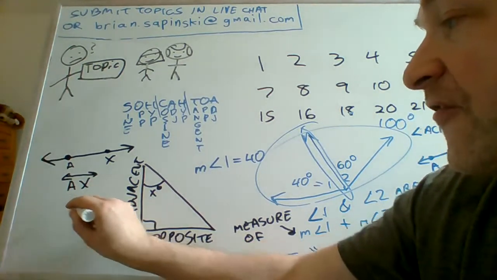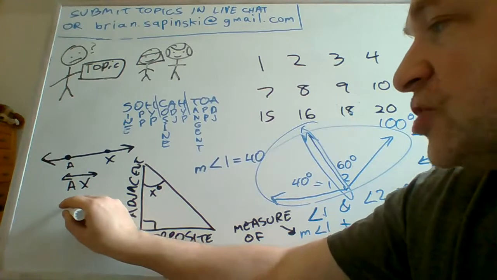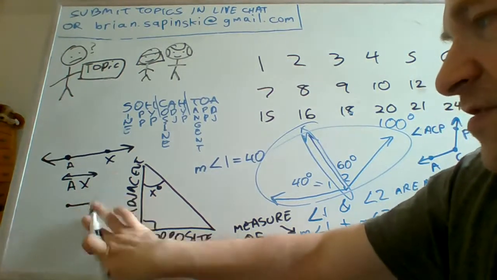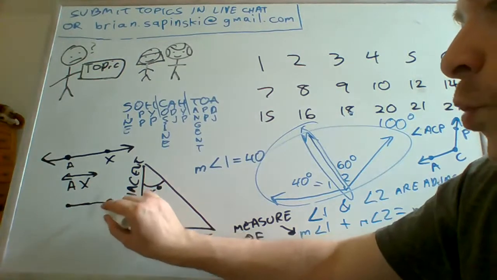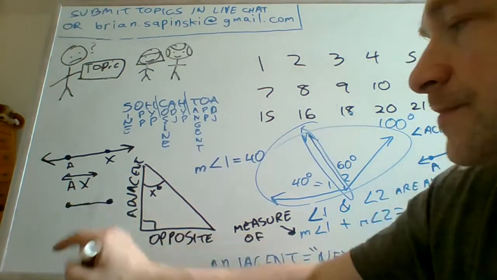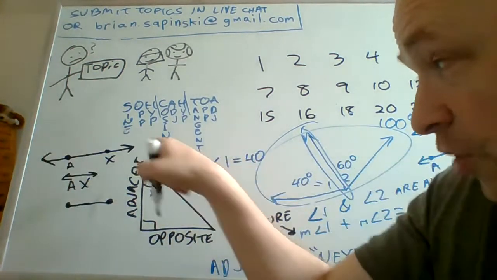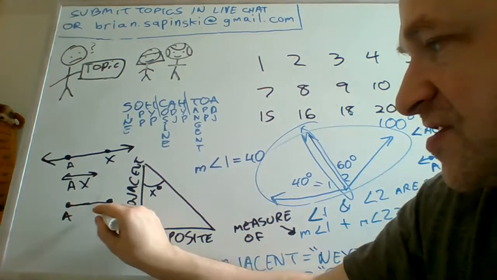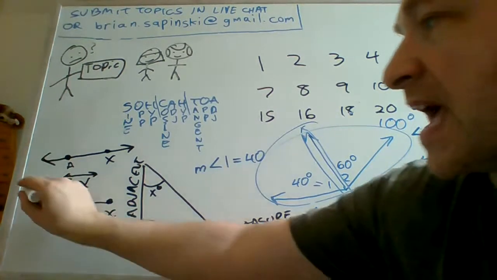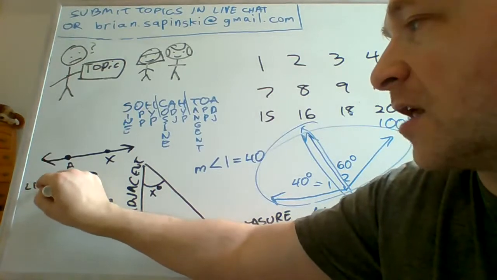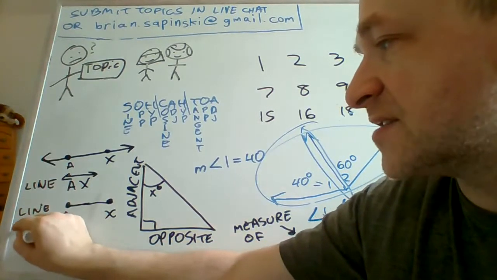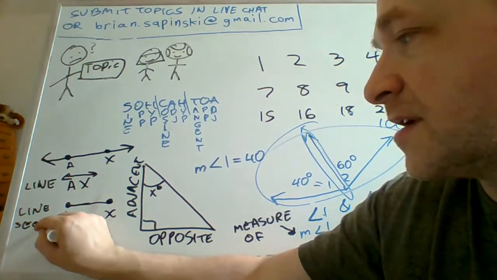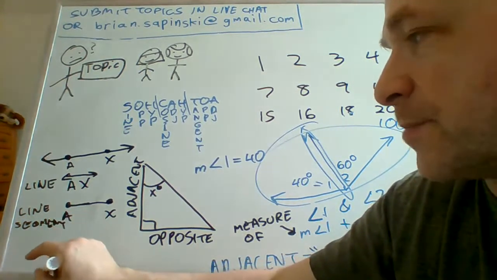Whereas if you have something like this, where it doesn't go forever past the points and it just stops here, okay? Like where this is a line, this would be considered a line segment because it has stopping points.